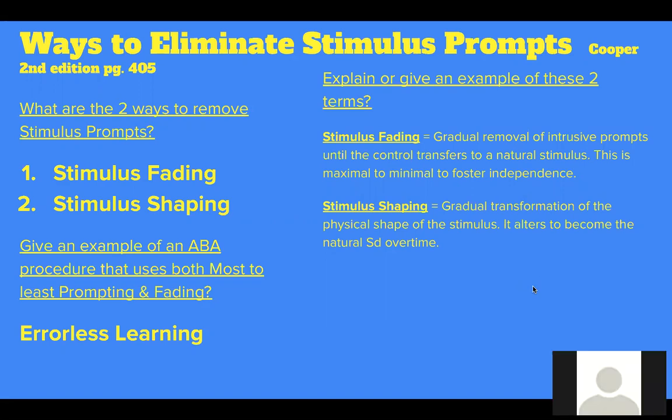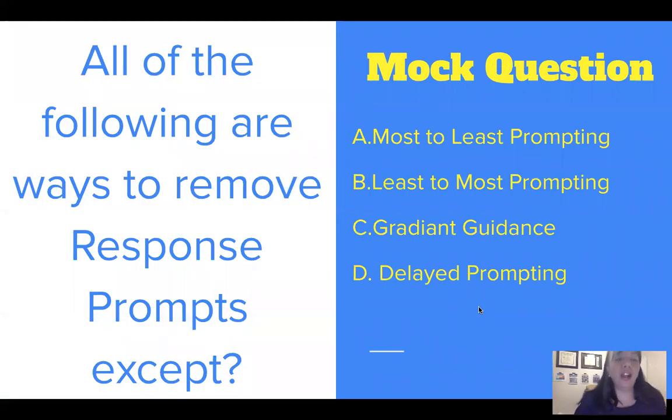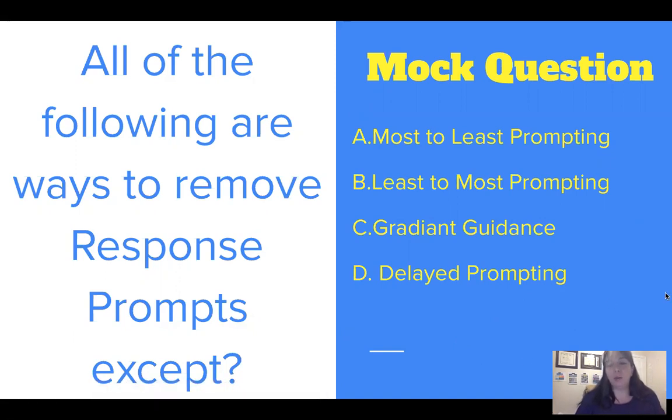Good job. Straight to the point. Yes, I just give you the information. All right, so my question. All of the following are ways to remove response prompts except: A, most to least prompting; B, least to most prompting; C, gradient guidance; or D, delayed prompting.